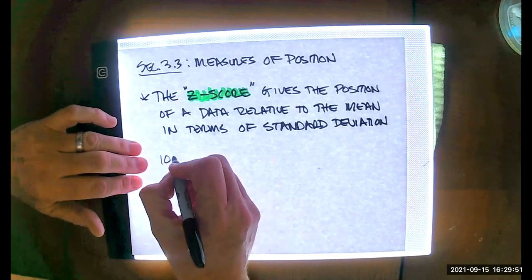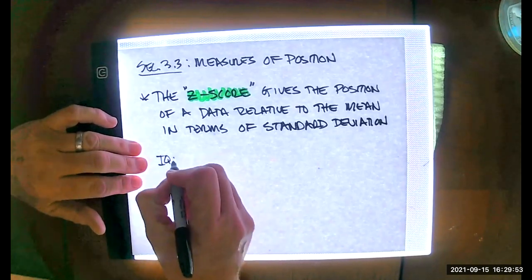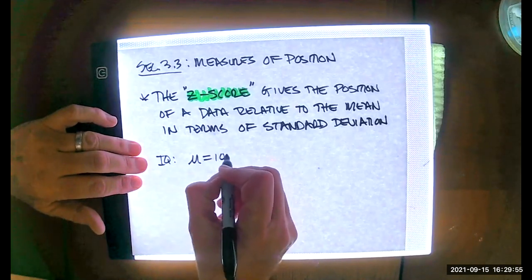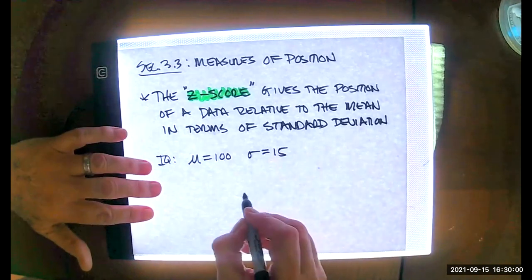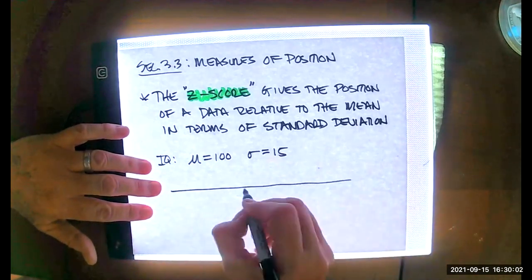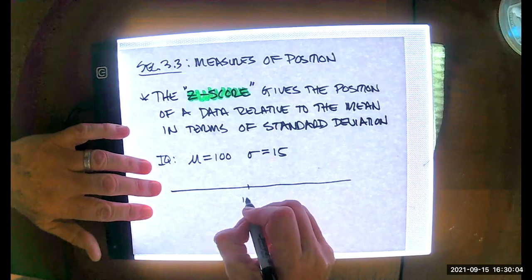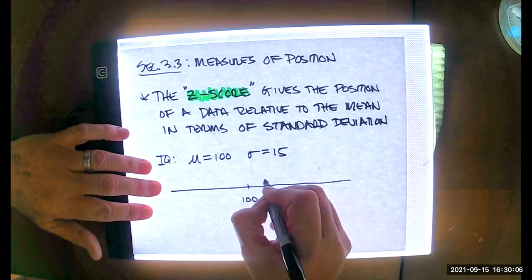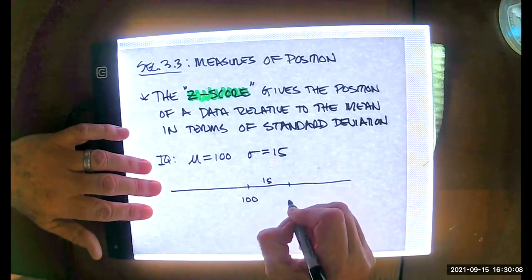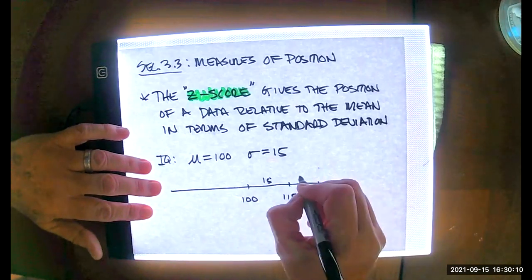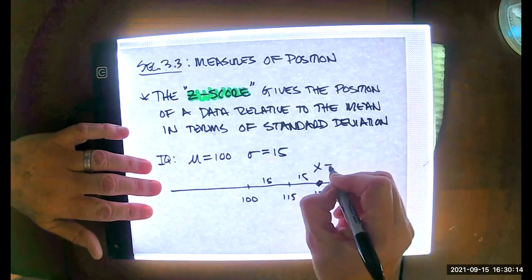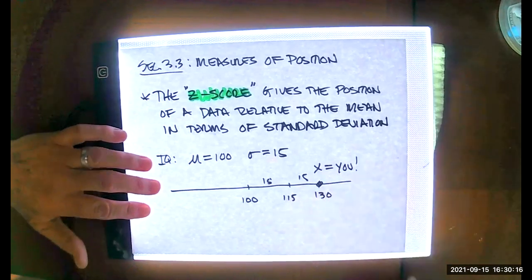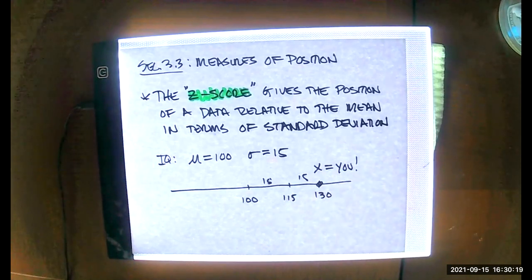So we took a look at IQ, which had a mean of 100 and a standard deviation of 15. So there's the 100 in there, 15 up, there's 115, another 15 up, there's 130. Suppose that was your IQ, 130 exactly.